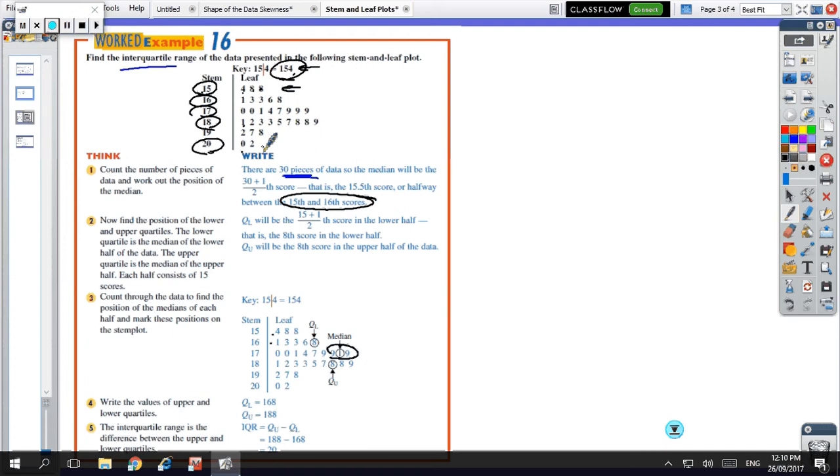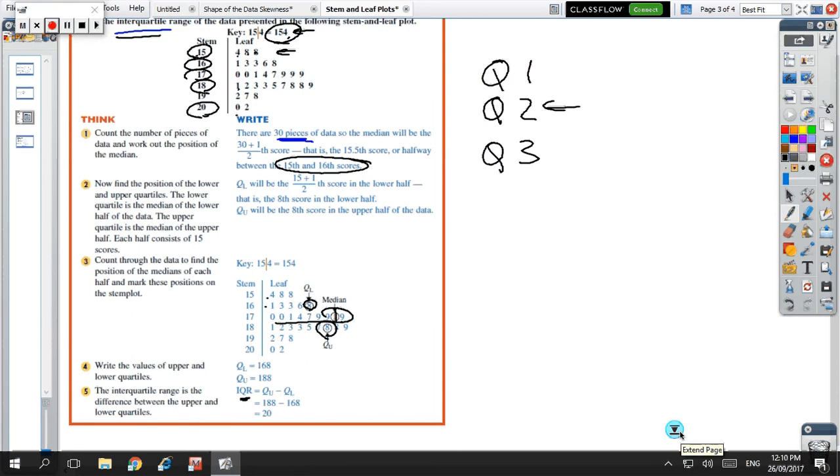With finding the interquartile range, you've got to find Q1, Q2 and Q3, and you just have to do it manually. Work your way through the data set, find your Q2 first, which was going to be 179, and then you draw a line down the middle and you go backwards to find Q1, or go forwards to find Q3, and then the interquartile range is just the subtraction of those numbers.